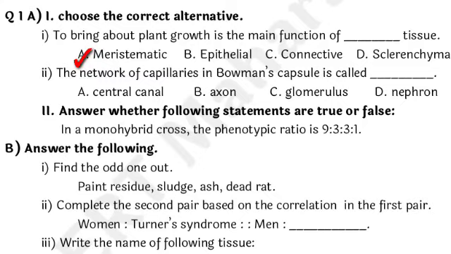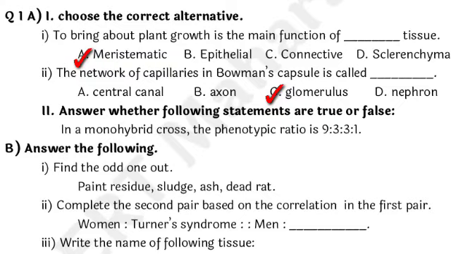To bring about plant growth is the main function of meristematic tissue. Second, the network of capillaries in Bowman's capsule is called dash dash. Options are A. Central canal, B. Axon, C. Glomerulus, and D. Nephron. So the correct answer for this question is glomerulus.